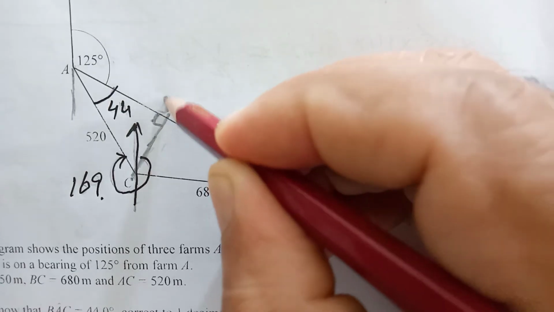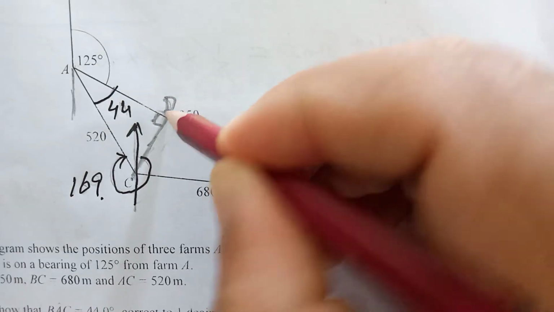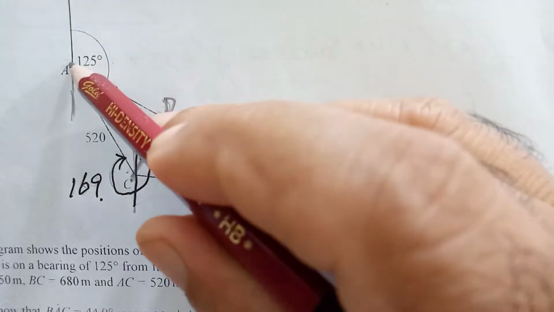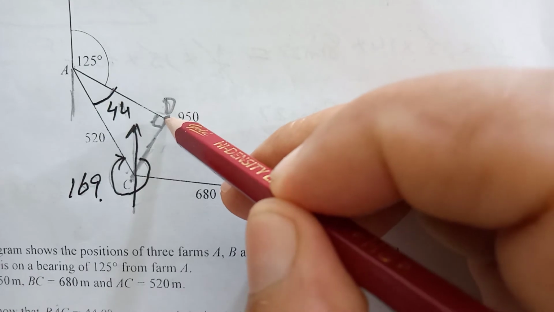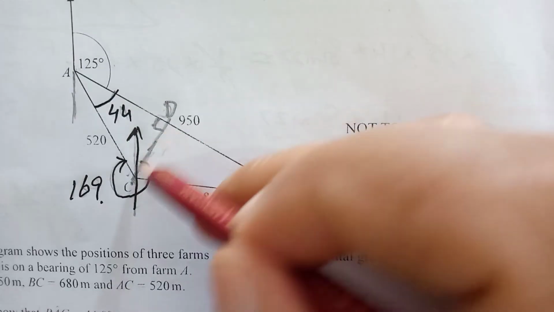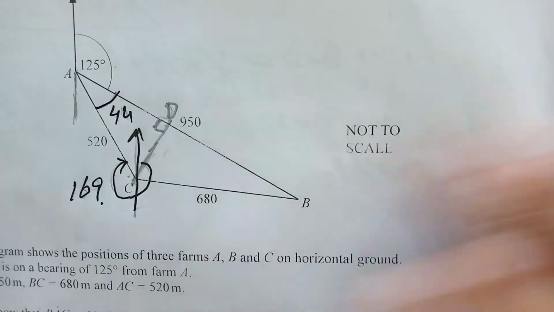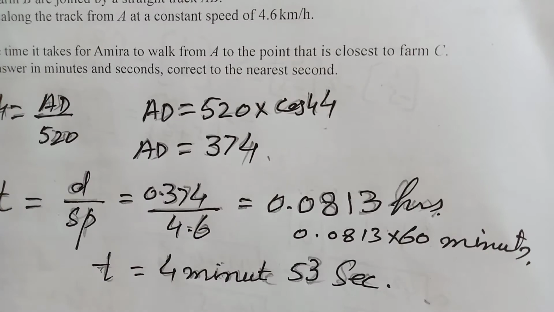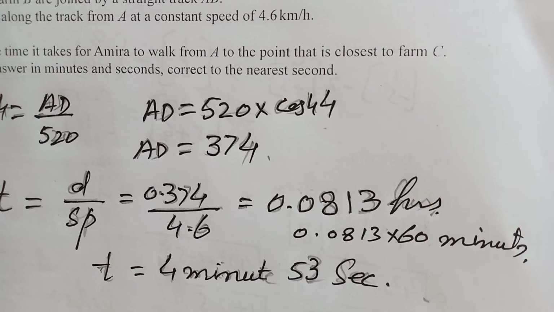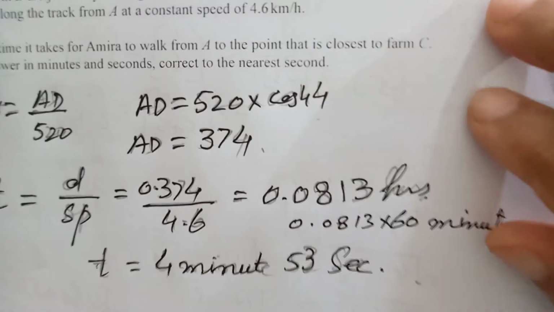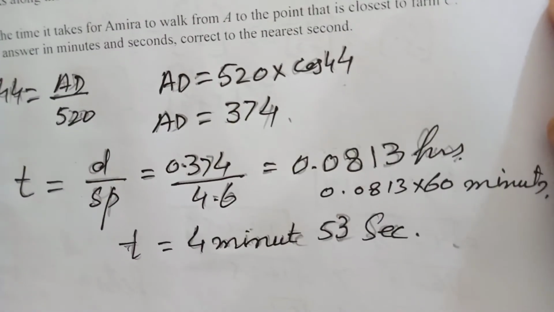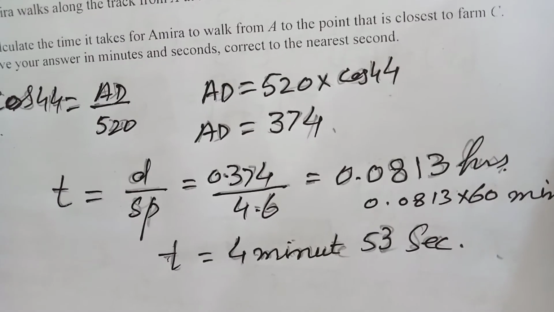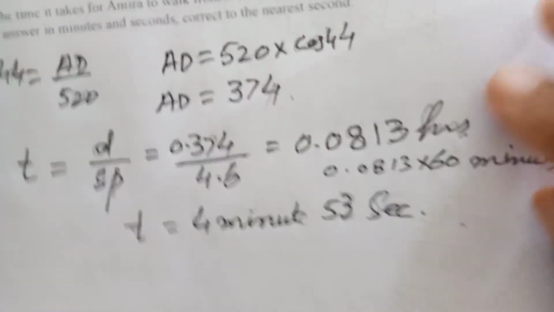Let us suppose this point is D. So you will get a triangle ADC. So first we will calculate the shortest distance, this one, by using ratio, cos 45 is equal to AD over 520. So AD is equal to 374. Time is equal to distance over speed.